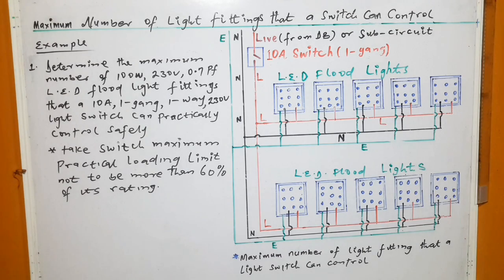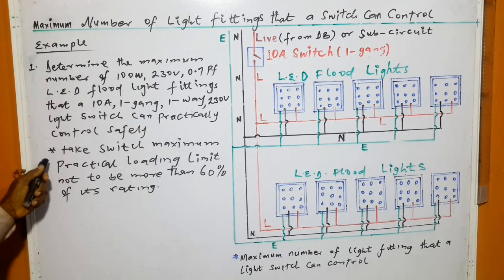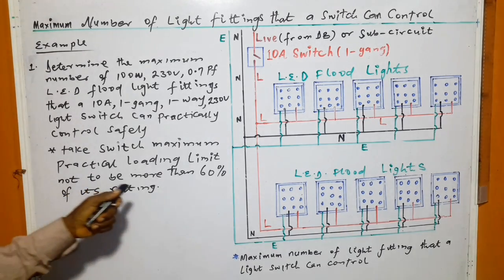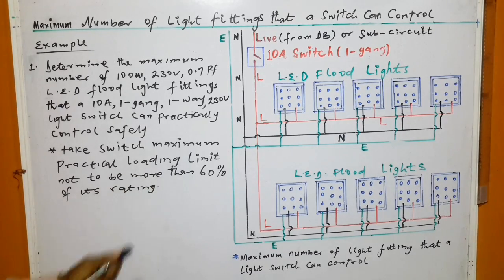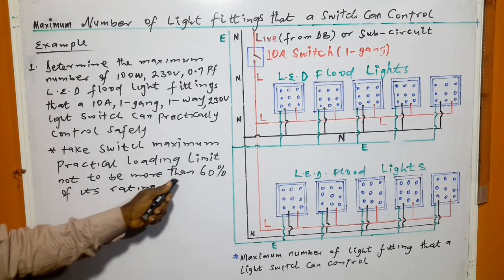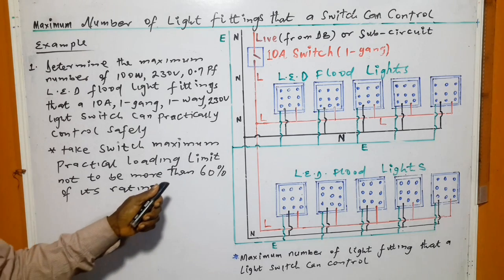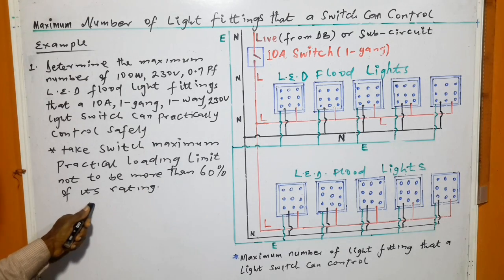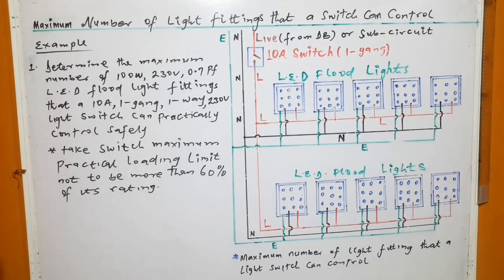So here, what I'm talking about is that it is not good to load the switch up to 100% of its rating. It's just like having a vehicle. It is not good to let the vehicle carry full load at all times.